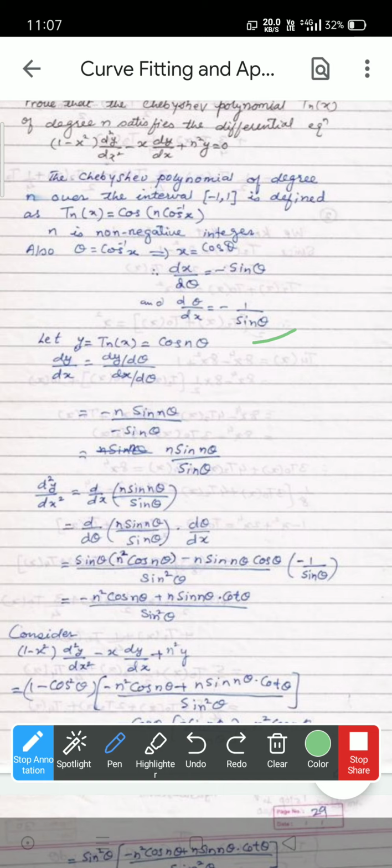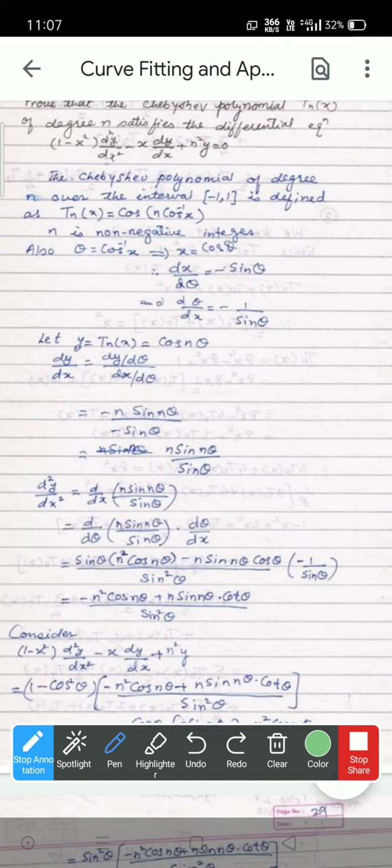If we suppose this Chebyshev polynomial Tn of x as y, then y is equal to Tn of x is equal to cos of n cos inverse of x, but cos inverse of x is equal to theta. So y is equal to Tn of x is equal to cos of n theta.